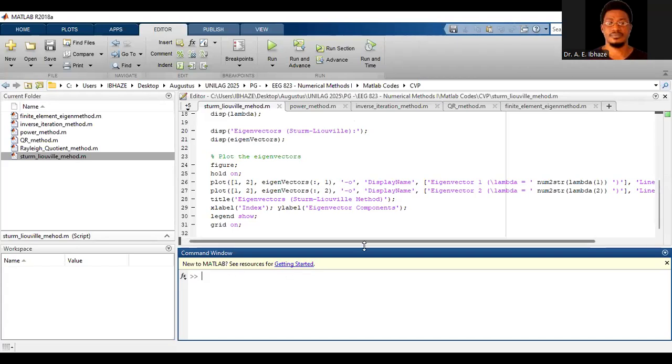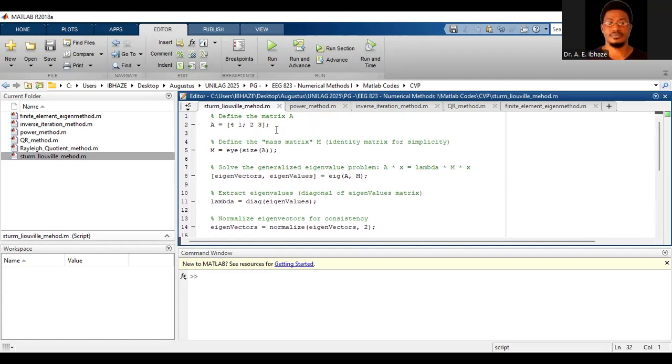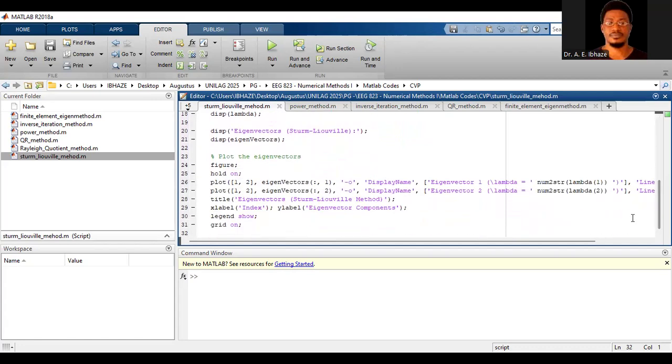So here we have the Sturm Liouville's method, where we have defined the system matrix and the identity matrix. For the Sturm Liouville's method, we already know that this approach literally discretizes the differential operator using the finite difference method, or the finite element method. And the resulting eigenvalue problem is then solved numerically.